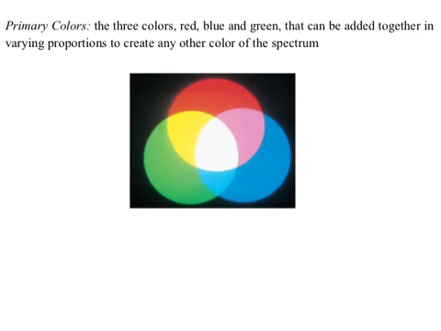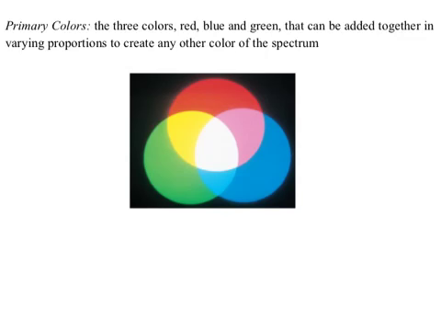Primary color wheel? The primary colors are green, red, and blue. Guys, the three primary colors that you see are these three colors right here. It's not yellow, guys.